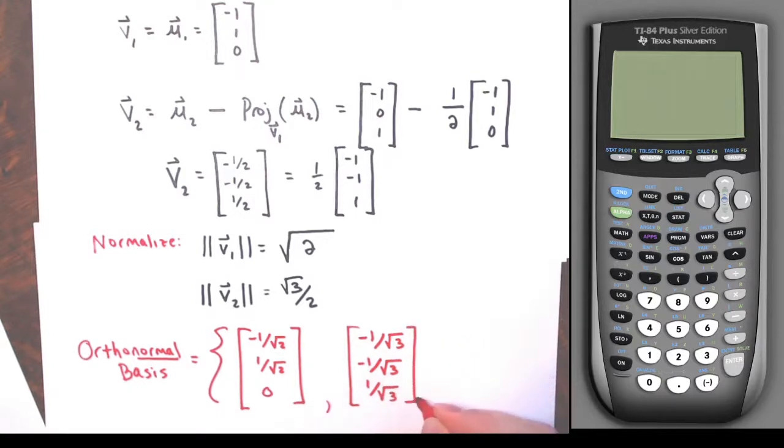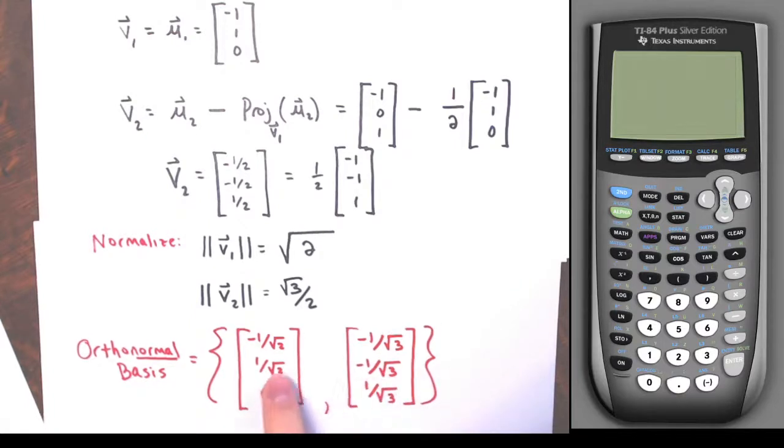And if you want to rationalize these, go ahead, but I'll leave it the way this is with the square roots in the denominator. And this is fine. Now I have an orthonormal set. The dot product of these two is 0, and they're both unit vectors now. So these are going to be some columns in that matrix P that I'm going to make.